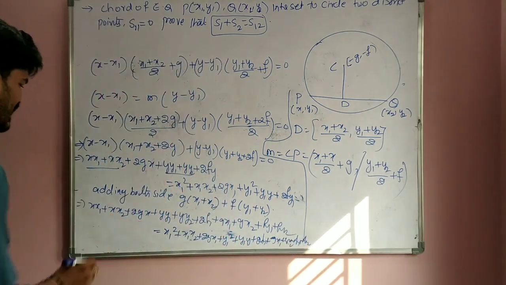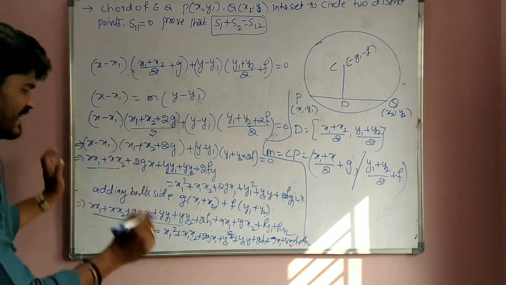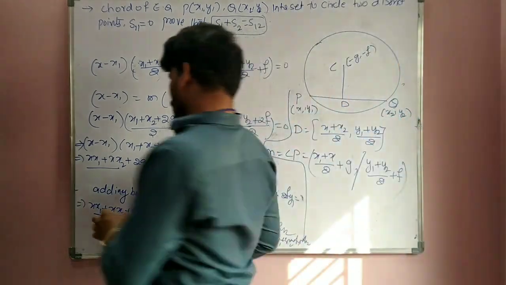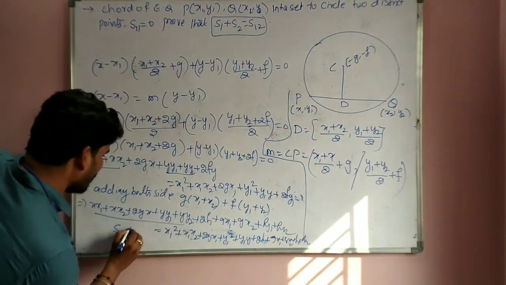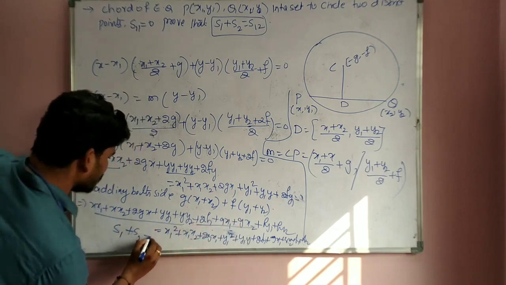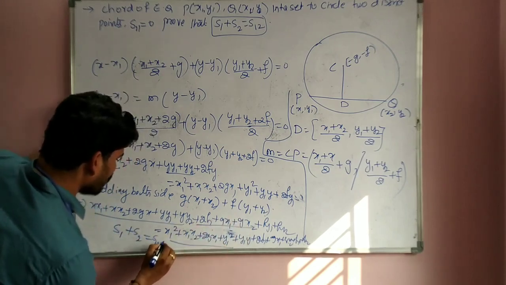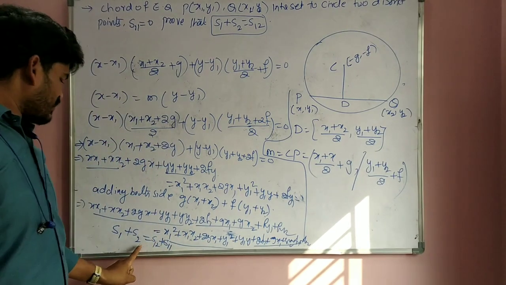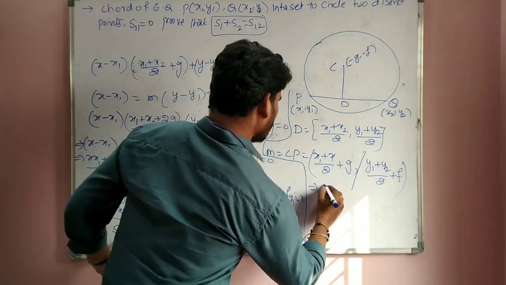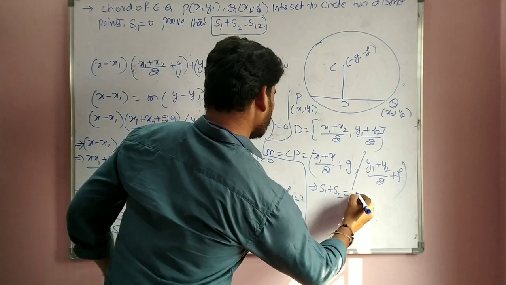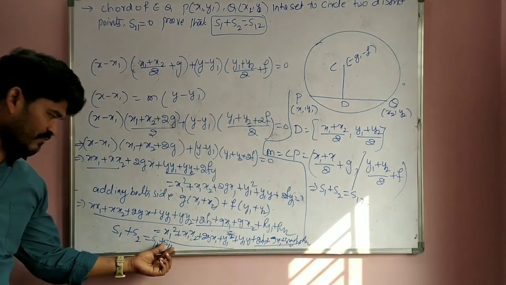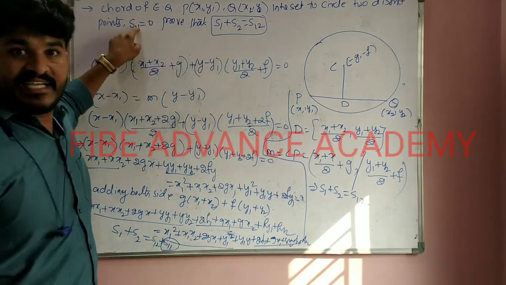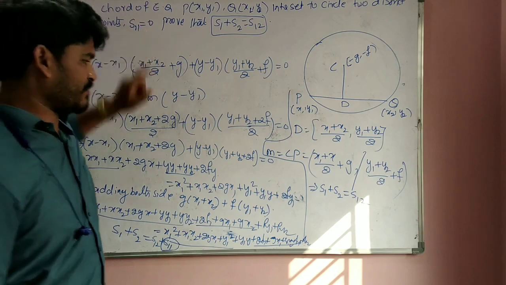So we get the left side total, adding to both sides 2c, so S1 + S2 = S12 + S11. Here S11, what is given? The S11 value is given as 0, from the given data.